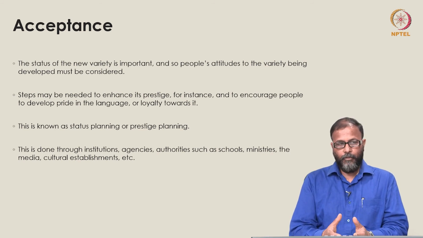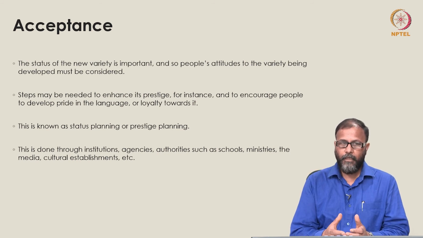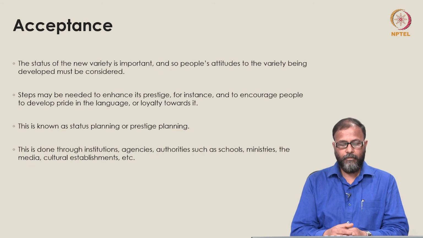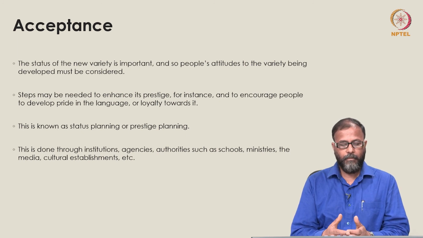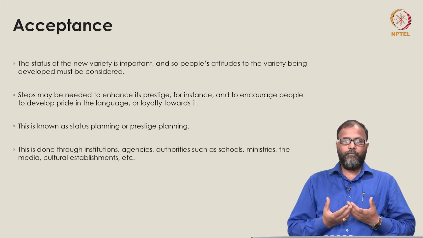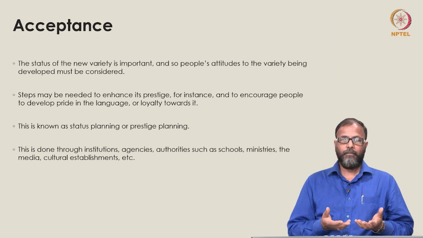This is also known as status planning or prestige planning. We'll talk about language planning in some other class, not here today. And this is done through institutions, agencies, authorities such as schools, ministries, and the media and cultural establishments. So it's a whole gamut of effort and a huge range of agencies.